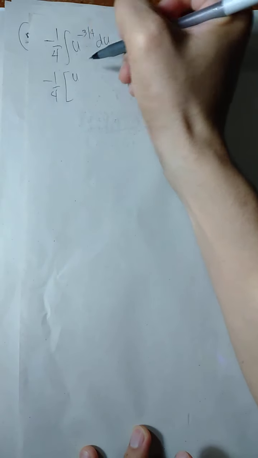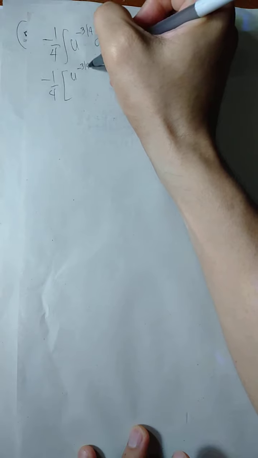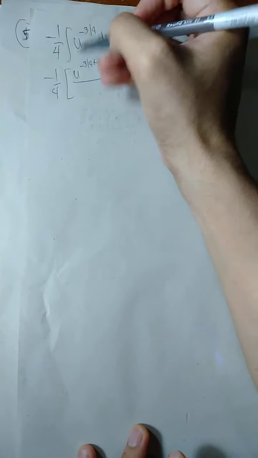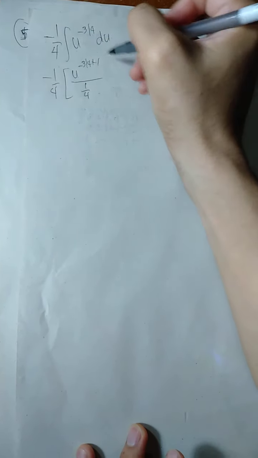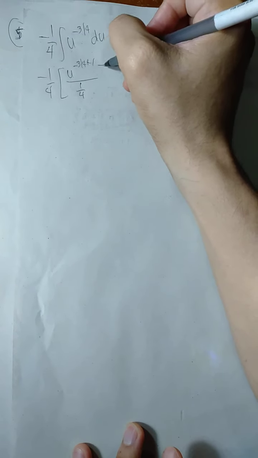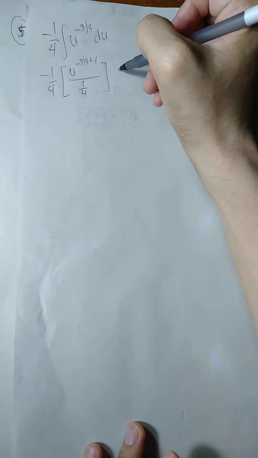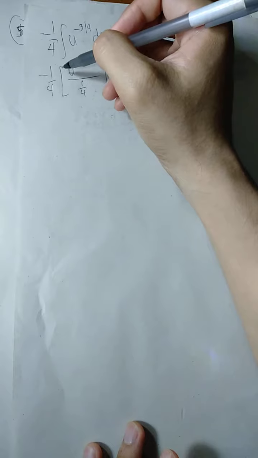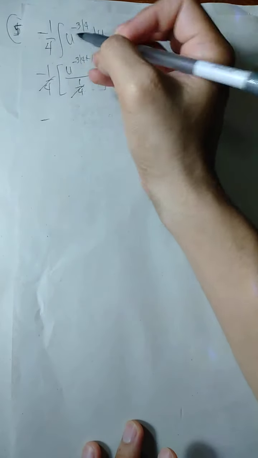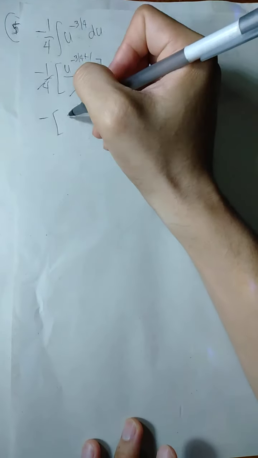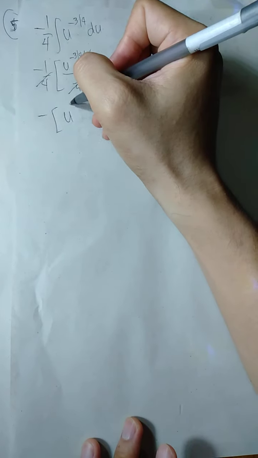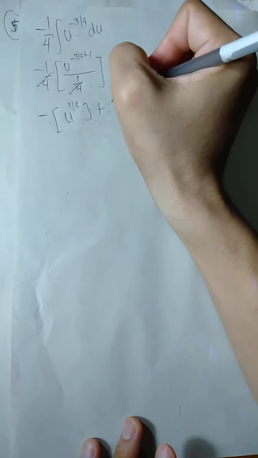Of course u, negative 3 over 4 plus 1, which is, ilan yan? 1/4, diba? So 1/4 na lang yan, plus c. And of course, cancel yan. So may iwan dito is negative u to the 1/4 plus c, which is the same answer.